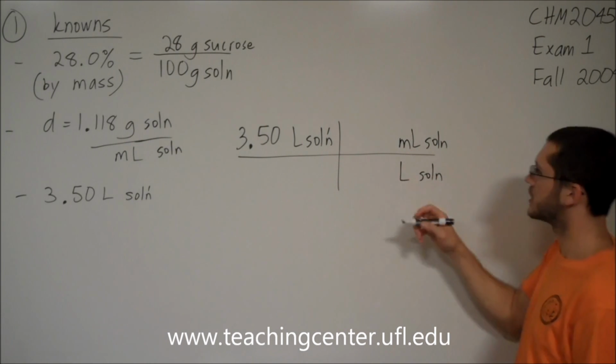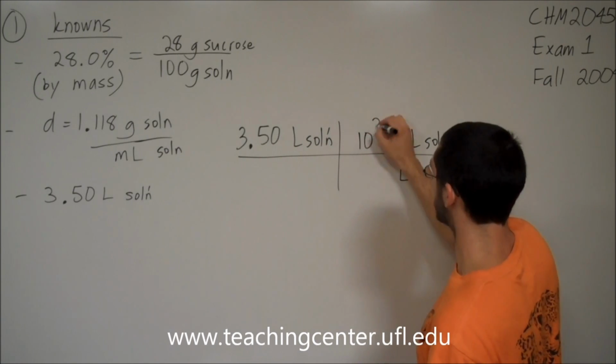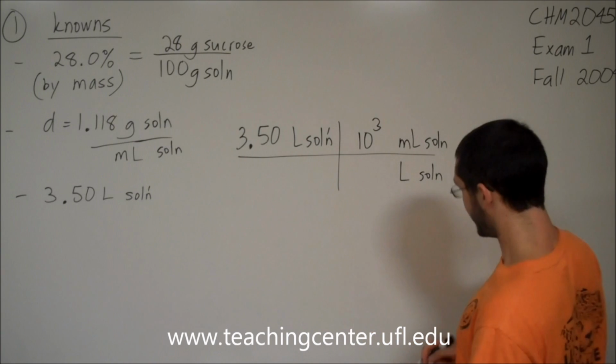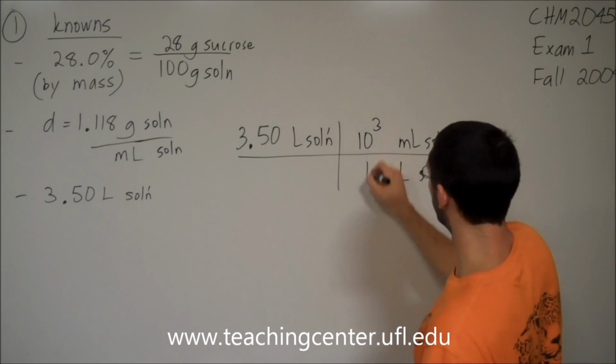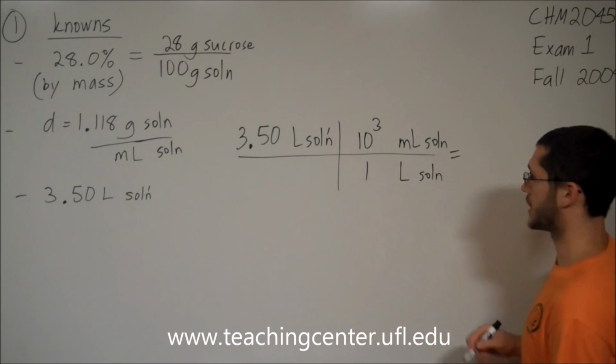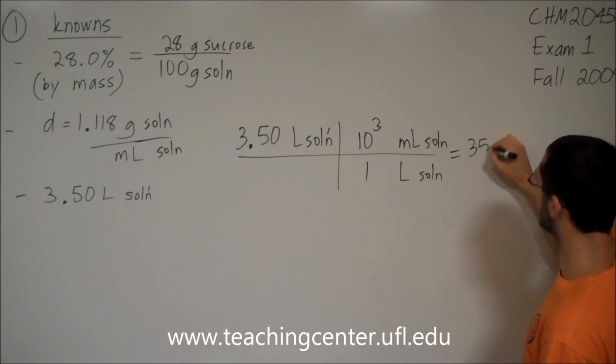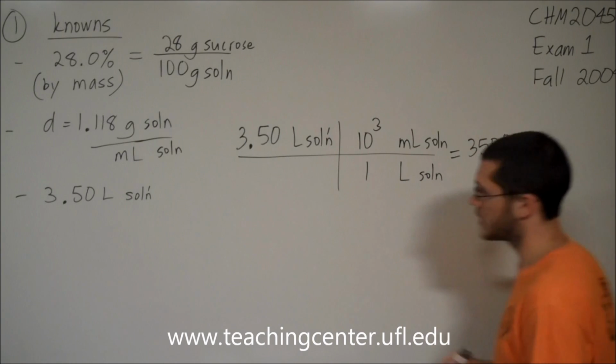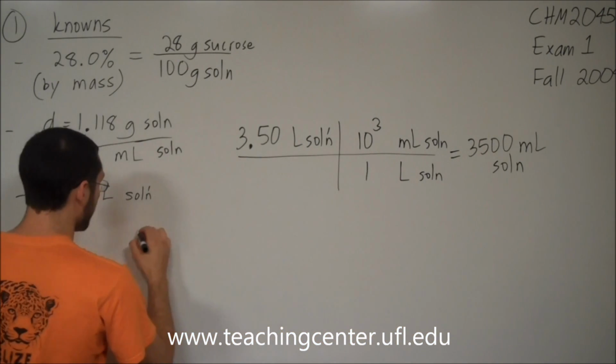How do I go from liters to milliliters? I know that there are 1,000 mils per 1 liter. This gives me 3,500 mils solution.